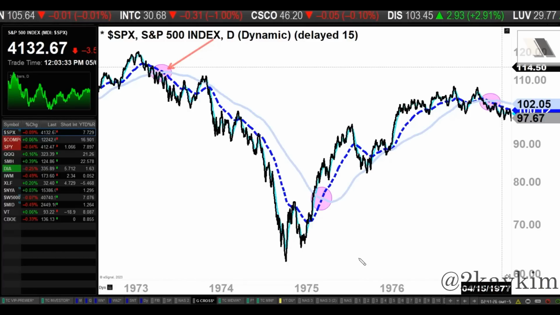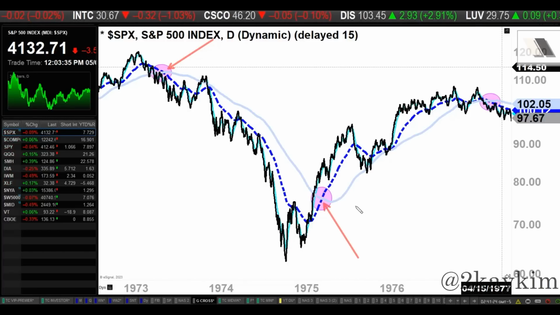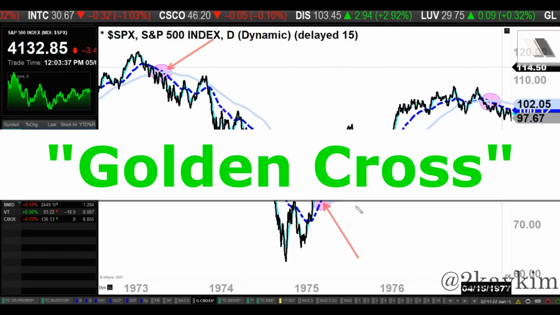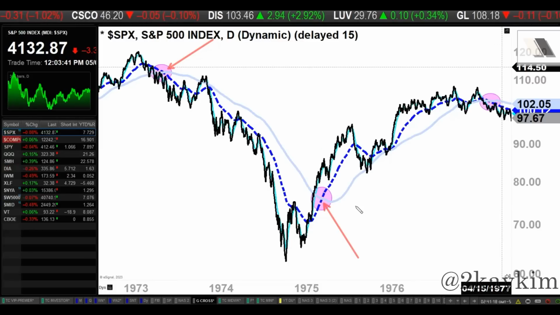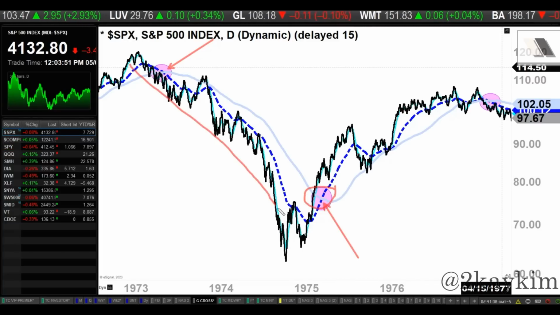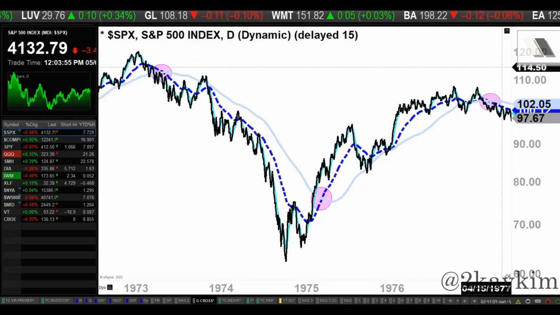Crossing to the downside. This is what is known as a golden cross, crossing up to the upside. So we're pretty much back testing what is the likely scenario when we do see this signal appearing, when we do see that golden cross appearing after a steep decline or steep correction in the S&P 500 here.